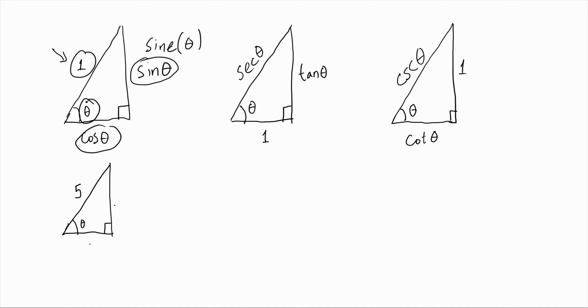If we know theta, and we already know the right angle, we know all the angles, which means we're dealing with a similar triangle where all these angles are what they are.